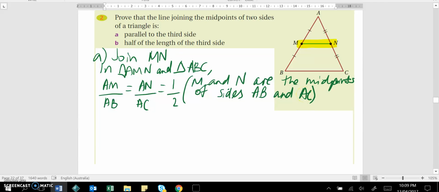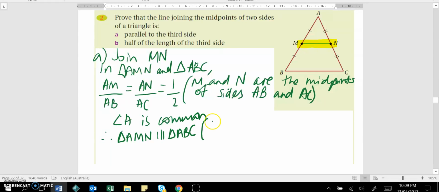So I'm going to say angle A is common. And so what I've done is prove they're similar. So therefore triangle AMN is similar to triangle ABC.